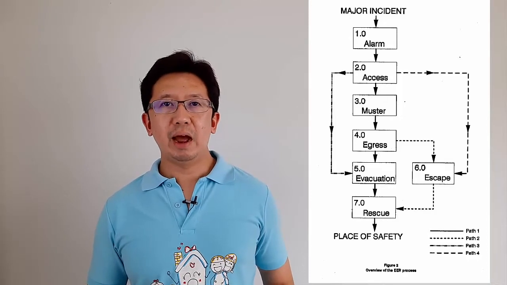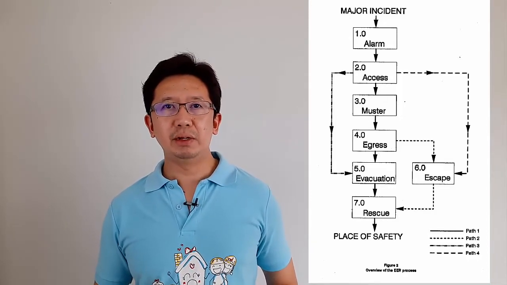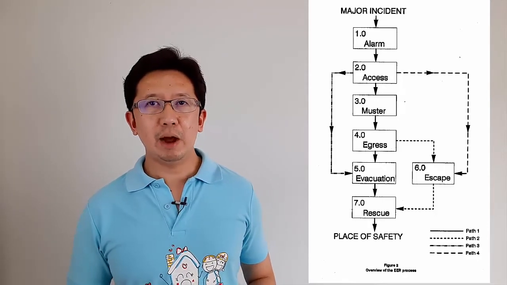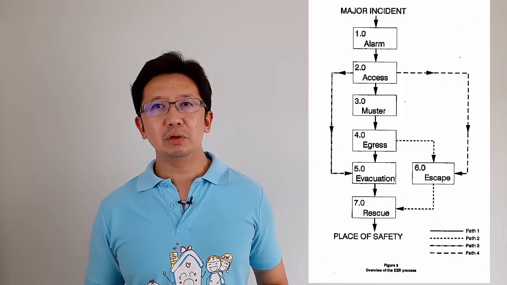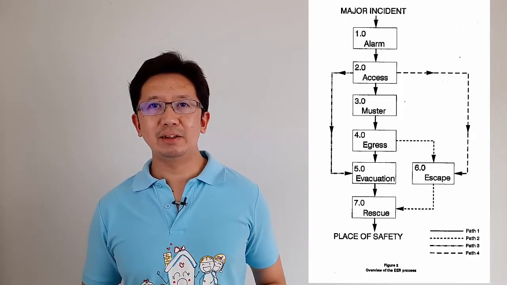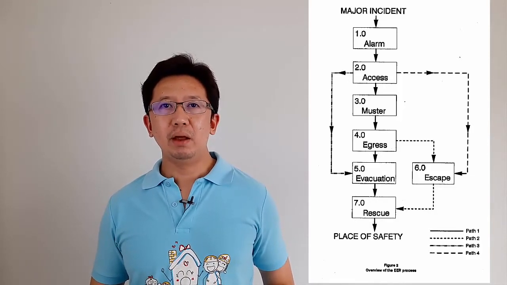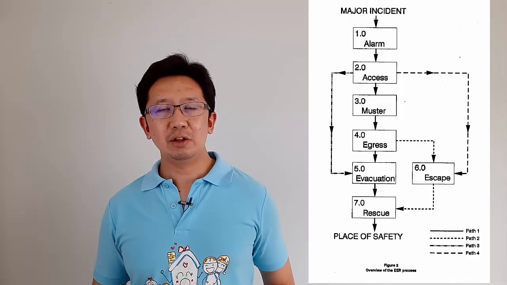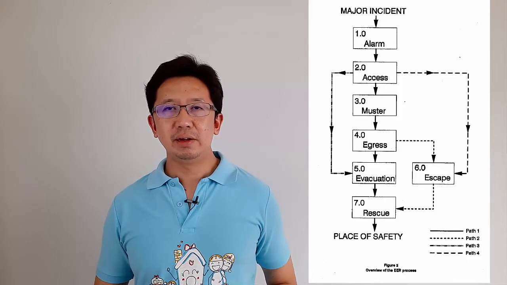From the picture, there are 4 pathways of the EER process. Start when the alarm sounds. Normal EER, part 1: alarm, then go to access, go to muster, go to egress, and go to evacuation and rescue, where the non-essential personnel will assemble and wait for further instruction. However, in case the emergency is not able to be controlled, it will be necessary to abandon the installation.